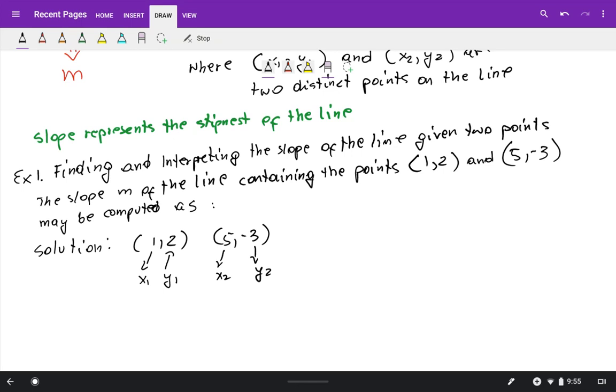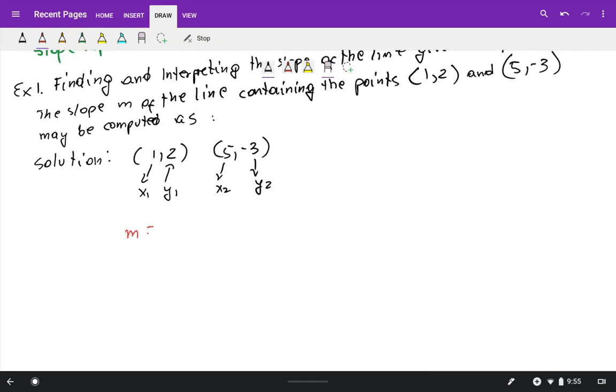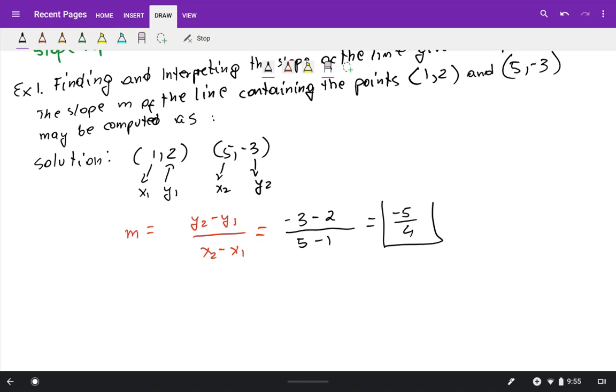Now you need to find the slope using the slope formula, y2 minus y1 divided by x2 minus x1, and you're just plugging in. So we have y2, which is negative 3, minus 2, divided by x2, which is 5, minus 1, and we get negative 5 divided by 4, and this is our slope.